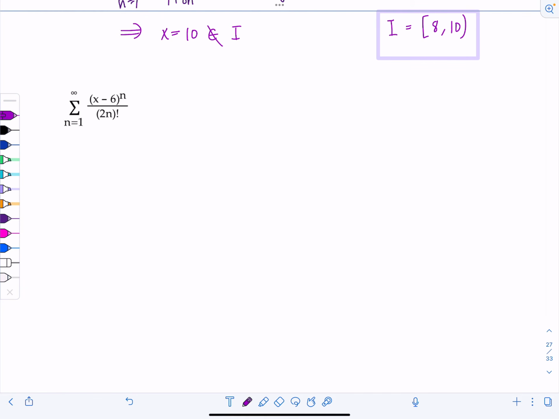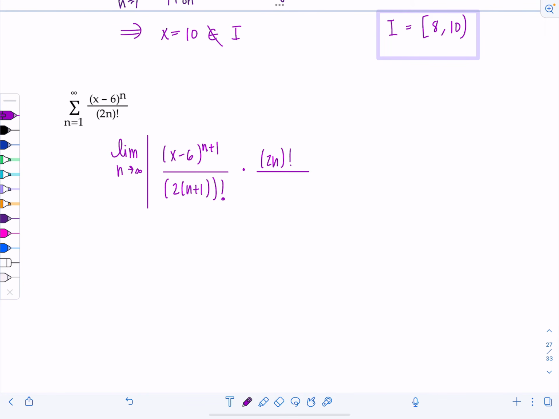So here we go. We're going to look at the limit, n goes to infinity, absolute value, a sub n plus 1. So that's x minus 6 to the n plus 1 over, ooh, be careful with the parentheses, please. And then divided by the original is times the reciprocal of the original. Okay, good. Now let's break it down so we can have a cancel party.